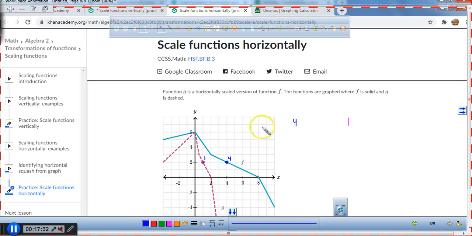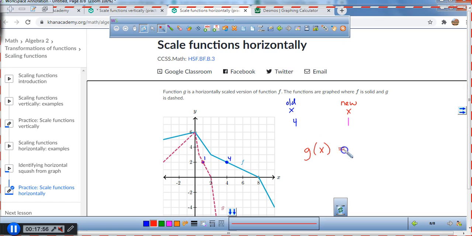So our original x value is here. That's our old one. Okay, and then our new one is right here. It's our new x value. It's at a 1. So I am going to say that g of x is going to equal, hold on, put g of x.